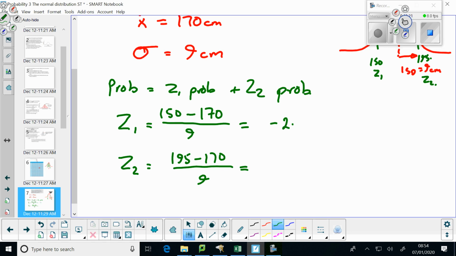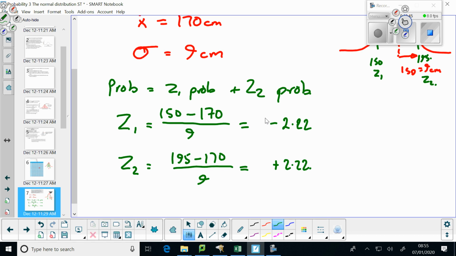Z1 is minus 2.22, to 2 decimal places, and Z2 is plus 2.78.